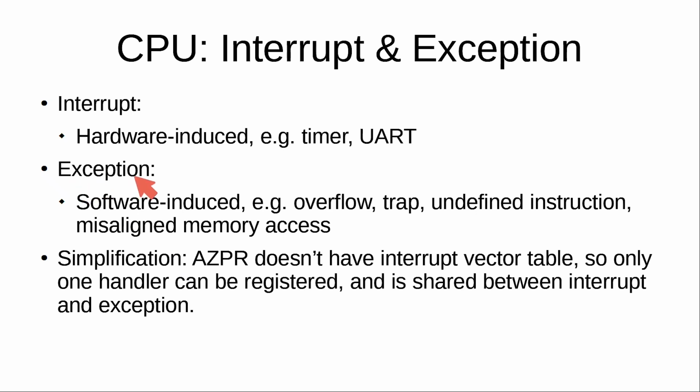For exception, it is software induced, which means that it can be caused by, for example, the computation has overflowed, or there is a trap instruction, undefined instruction, or misaligned memory access. For simplicity, in our processor, we do not have an interrupt vector table.